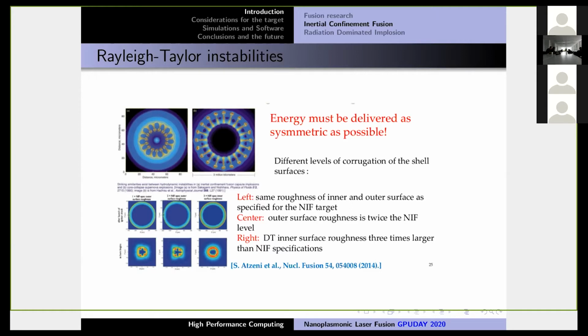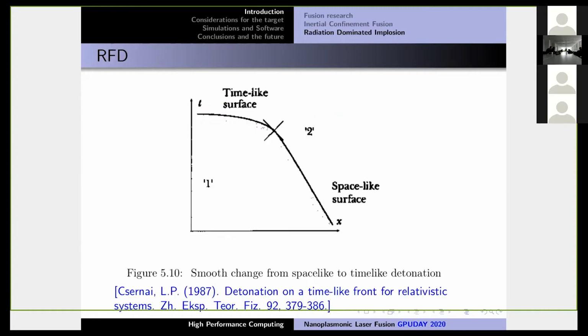And we propose the nanoplasmonic laser fusion research project to mainly avoid these instabilities.